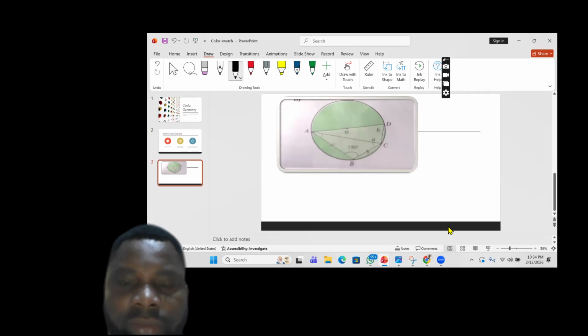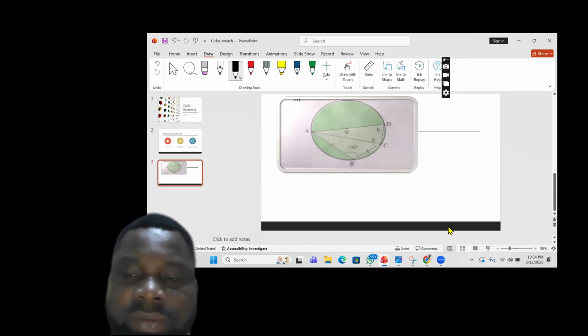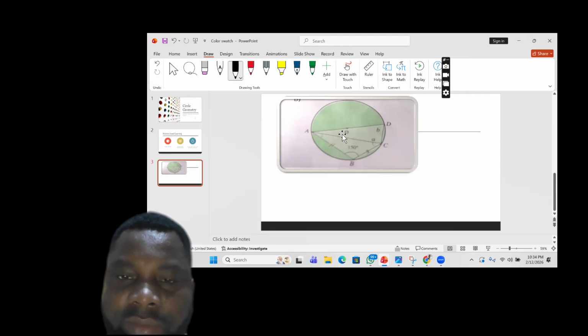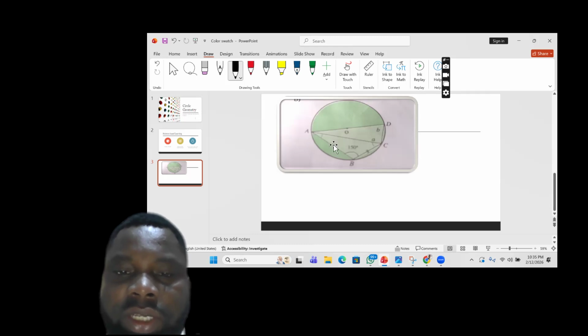So we have to make a video on how that difficult problem is to be solved. Here is the problem. Here is the question. AD is a diameter of this circle. The circle is ABCD. From the indication here, triangle ABC is an isosceles triangle because this line and this line are said to be equal.